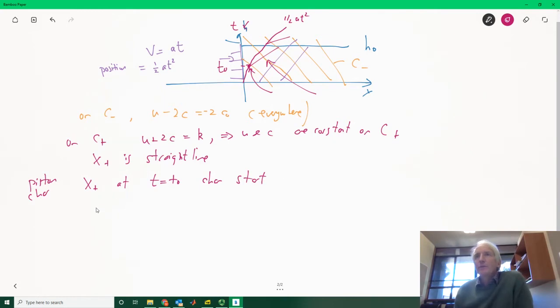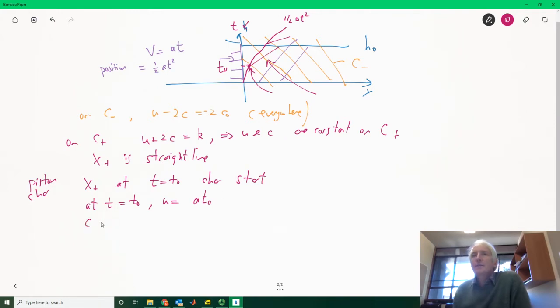Well, we know that the velocity at T equals T naught, U is equal to A times T naught. That's going to be true on the entire characteristic because these things are constant.